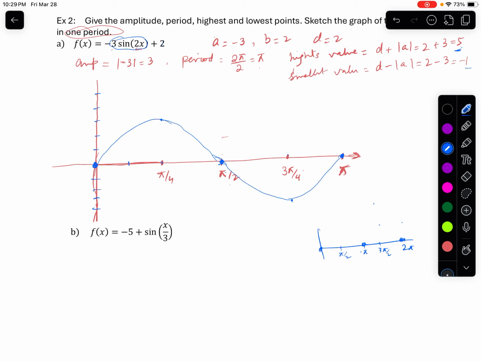So this is that piece, 3 times sine of 2x. But we have -3, so -3 means we flip this. Now we have to shift it 2 units up. So every point goes 2 units up. This was coming down at 3, and then going up 2 means the lowest point will be at -1.